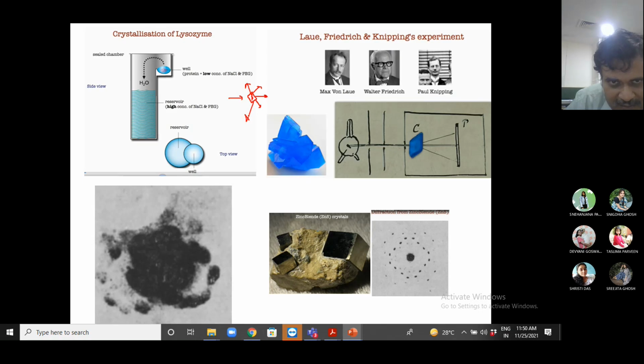Not all rays are diffracted. These are the diffracted spots for the diffracted rays. So this is the transmitted ray, correct? A portion of the ray will always get transmitted. If it is 100, say 10% is transmitted and the rest is diffracted. So these are the diffracted rays where they have fallen, and this is the spot for the transmitted ray. Got my point?